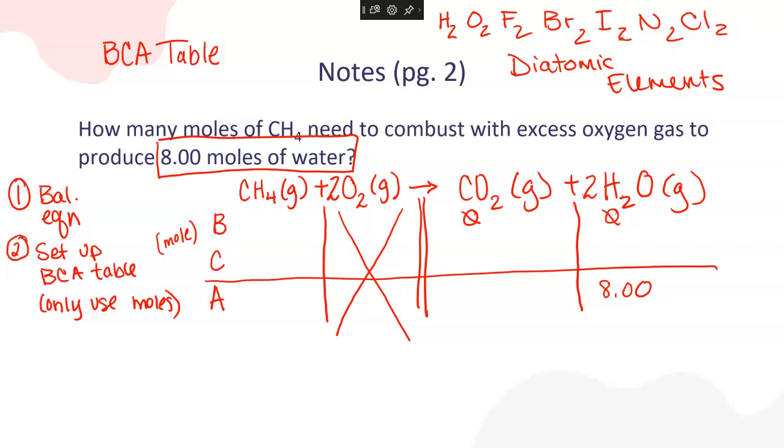After the reaction, if we assume it goes to completion, and because oxygen is in excess, we should have nothing left over. So once we've filled in everything, a thing to remember is that before we start our reaction, we have no products.